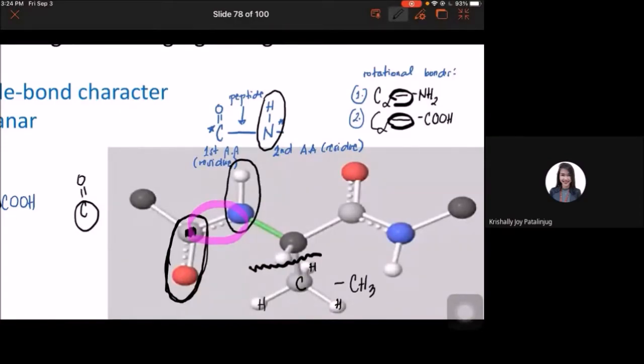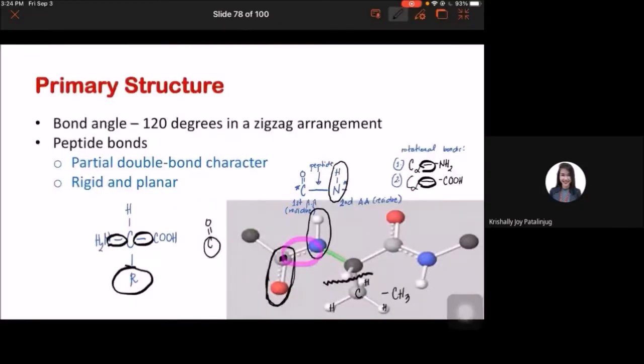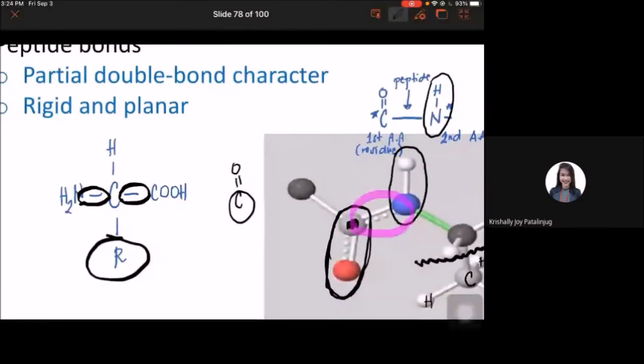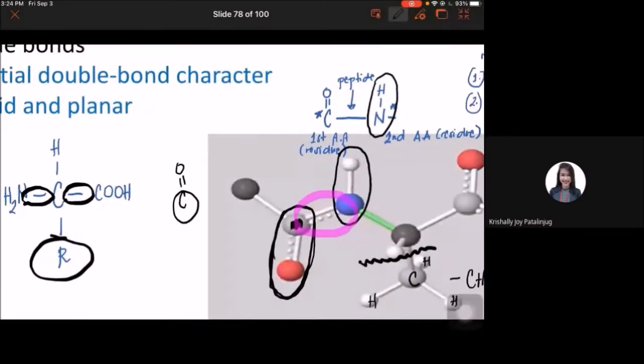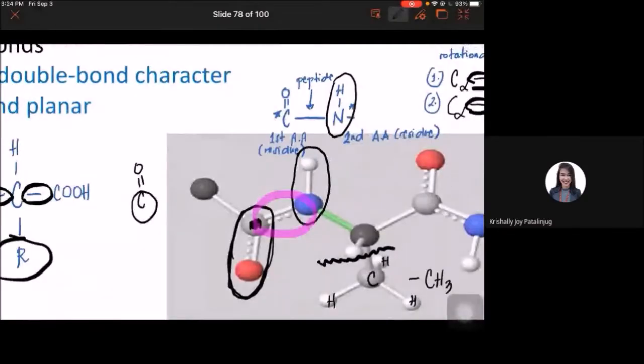My question: where is the R group of an amino acid bonded? Very good, to the alpha carbon, the central carbon. So this would be the alpha carbon. I'll color it black. That is the alpha carbon.